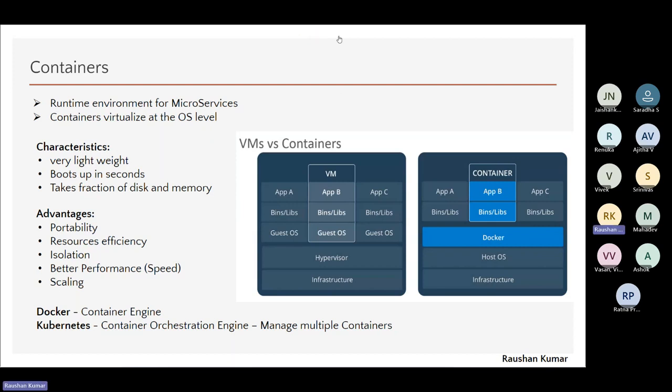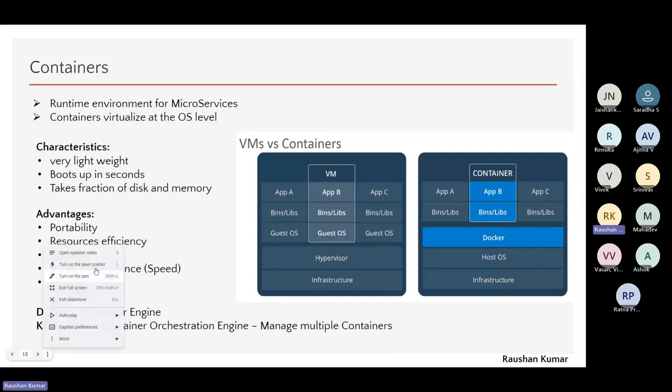I will use the laser pointer. So this is the physical server, and I'm installing some sort of virtualization software. Hypervisor is one of the virtualization softwares. And then we could create VMs. This is VM1, this is VM2, this is VM3.